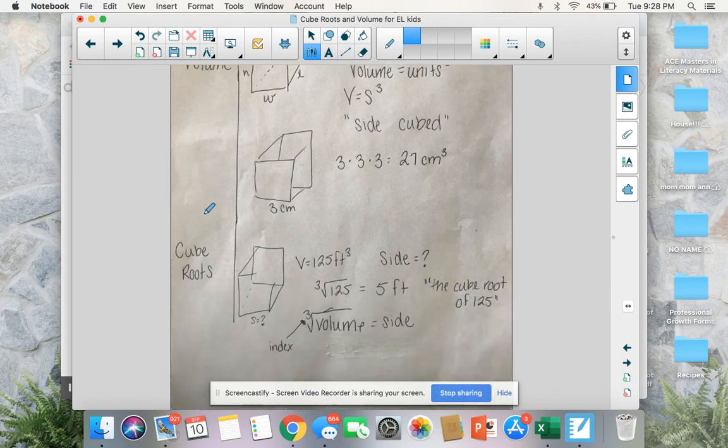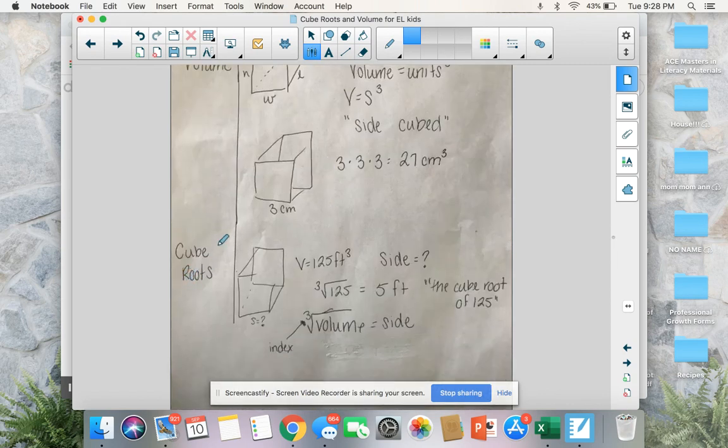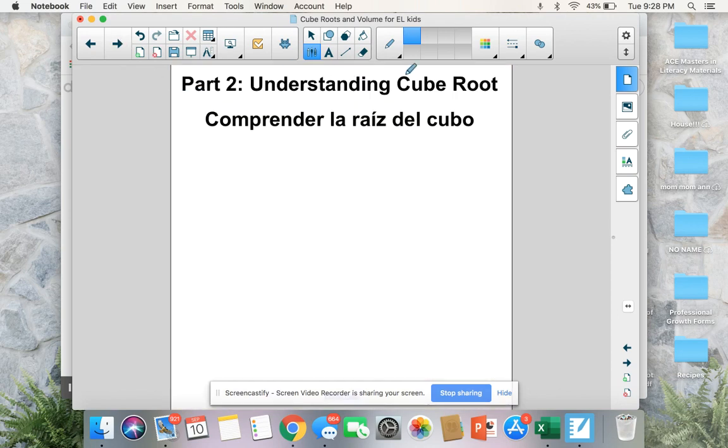We're about to move into cube roots, but you have to understand cubes before we get into their roots. All right, great. So now we're going to jump into understanding the cube root. When I have a cube, what that tells me is that I'm given the volume.